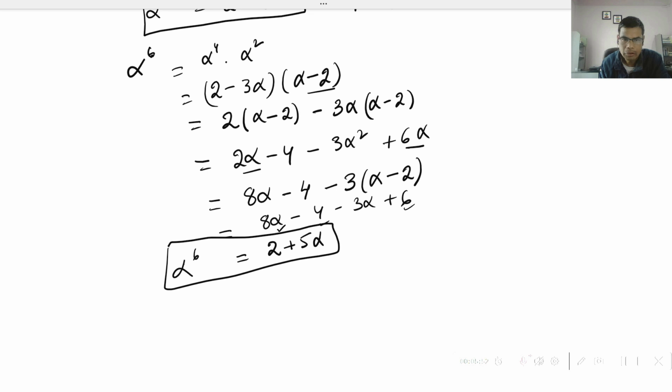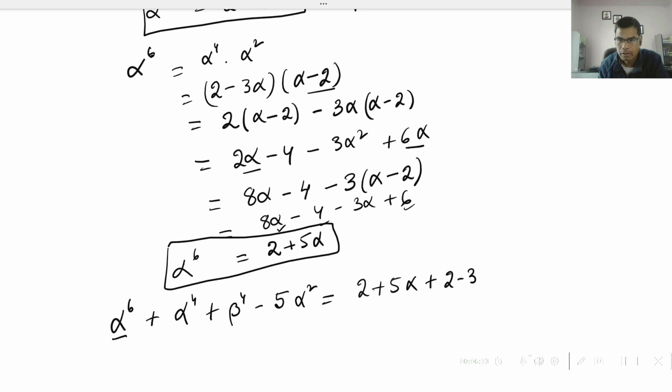So the value of the expression which we need to find is alpha to the power 6 plus alpha to the power 4 plus beta to the power 4 minus 5 alpha square. Now if we substitute, alpha to the power 6 is 2 plus 5 alpha, plus alpha to the power 4, which is 2 minus 3 alpha, plus beta to the power 4, which is 2 minus 3 beta, minus 5 times alpha square, which is alpha minus 2.